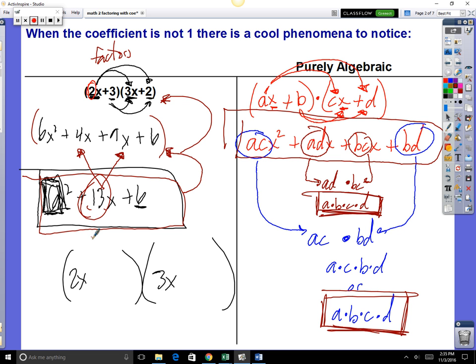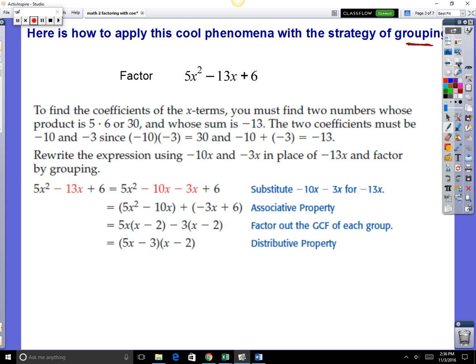They've got to times and give you the first times the last. 6 times 6 is always going to equal the middle times the middle, 4 times 9. 6 times 6 is 36, 4 times 9 is 36, so what you're looking for are the numbers that times and give you 36, but add and give you 13. So here we go.